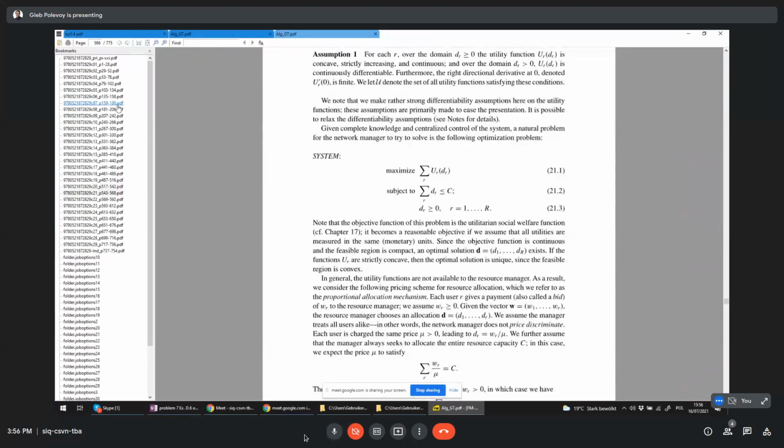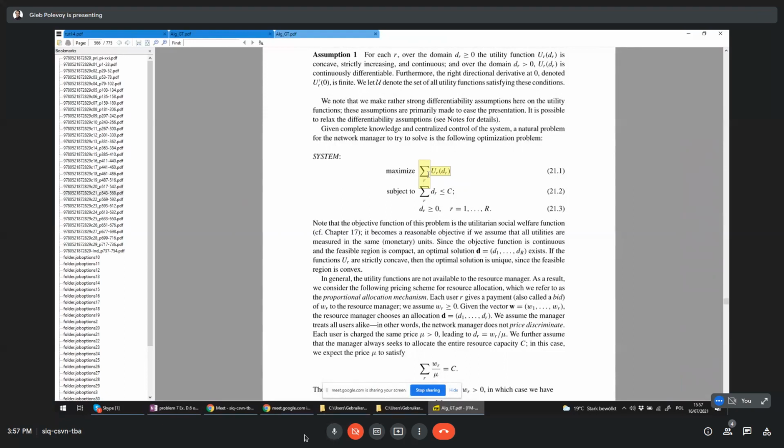The system is basically, forget any game, just the allocation problem. You want to allocate something of size capital C. So you give non-negative shares to R players, not n players now, just R, of size capital C. And the total utility you want to maximize. The utility is the value V minus what you pay.